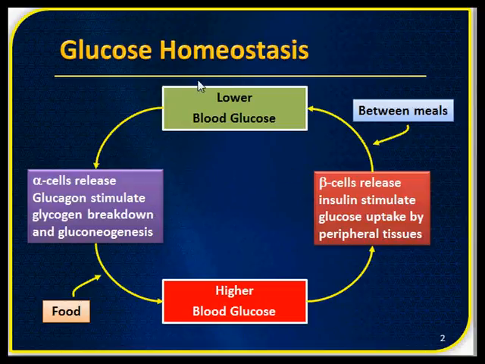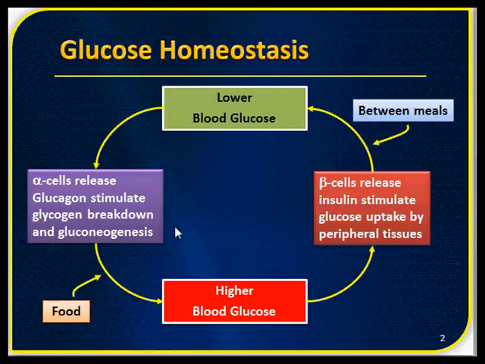So let us start with a scenario where the person's blood sugar is on the lower side, less than 70. Immediately the alpha cells of the pancreas release glucagon. This glucagon stimulates glycogen breakdown and also the production of new glucose called neoglucogenesis or gluconeogenesis.